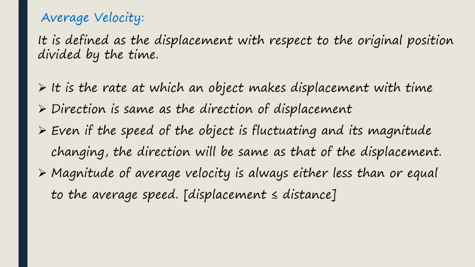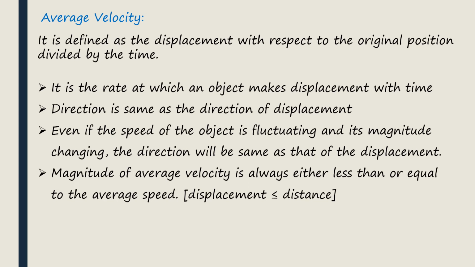So without direction, the unit and the magnitude together are just equal to speed. Whenever our speed fluctuates, the velocity also keeps fluctuating, but only the magnitude will be changing. The direction will be the same as that of the displacement even then.